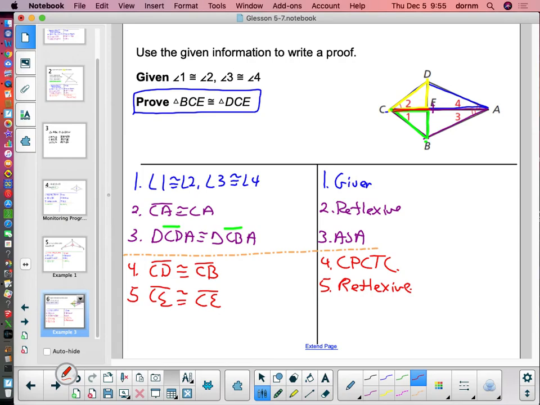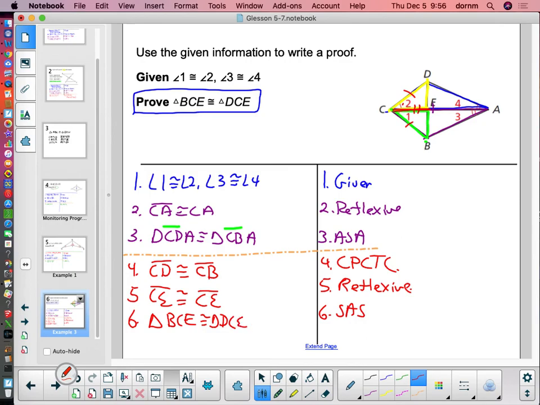They are part of the same line, but they are different segments. And now, I have this congruent to this, and I have this congruent to that, and I have the angle in between. Now I have side angle side for triangle BCE. I can't write. This is congruent to triangle DCE.